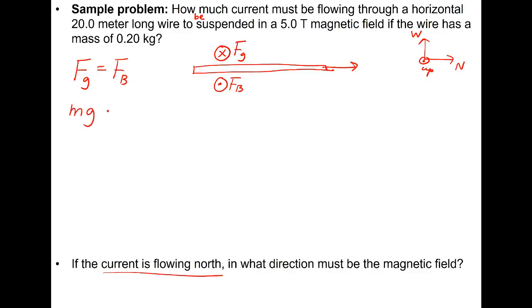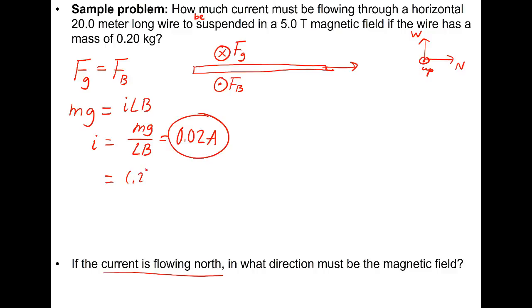Gravitational force is just the weight, mg, and this is just going to be ILB. So this means that the current is going to be mg over LB, and when I did my calculations, I just used g as 10 just to simplify things a little bit, and I got 0.02 amps. So you can plug in all the numbers. It would be 0.2 times 10 over 20 times 5.